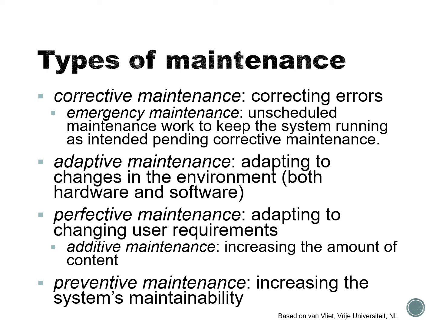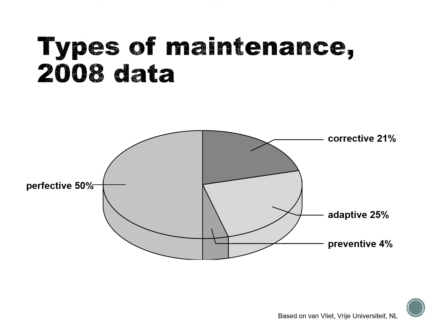And this is actually interesting because statistically, perfective maintenance is the most common type of software maintenance work. Of course, this is over 10 years of data, and the number of studies made in this area is quite small.